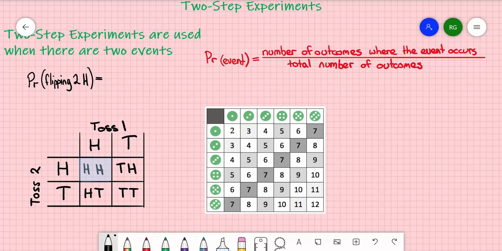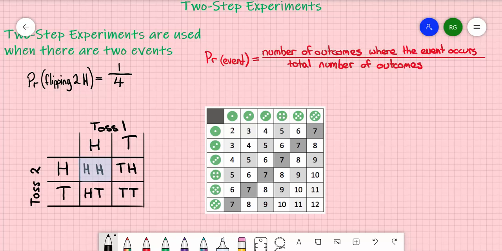So we get a head and a head just once, and the total number of different possibilities are 4. Okay, because a tail head and a head tail are 2 different results in this situation. So the probability of flipping 2 heads is 1/4 or 0.25.